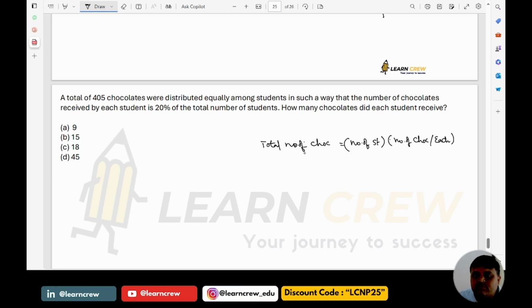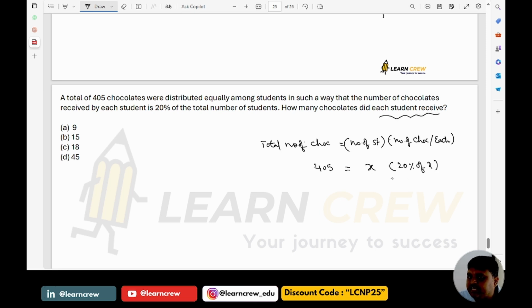Here the total number of chocolates is already given as 405. Number of students, if I take it as x, each student gets 20% of x. We need to find out how much this 20% of x is, right?